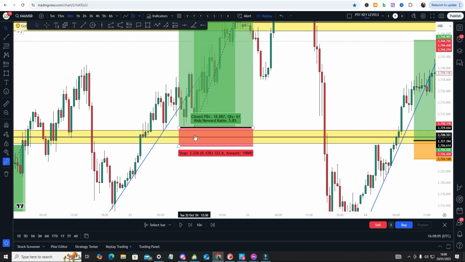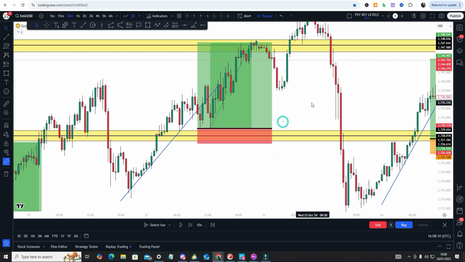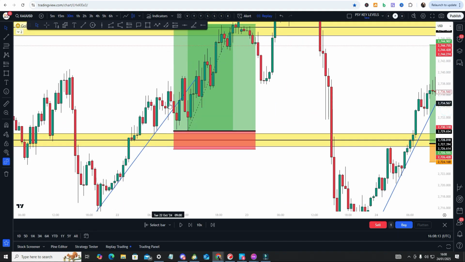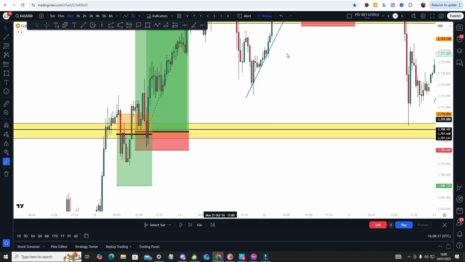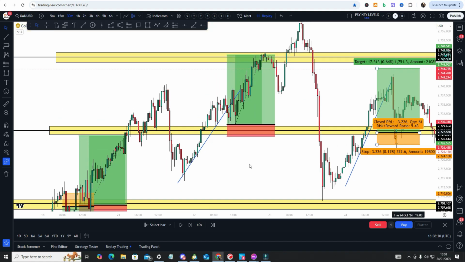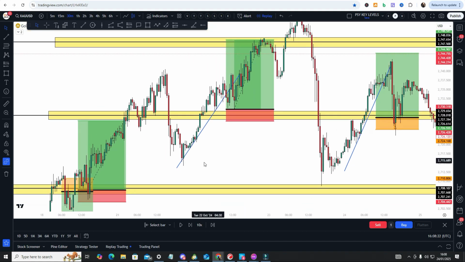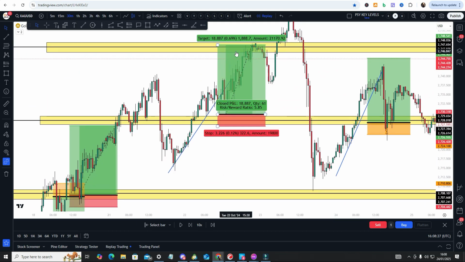Price comes back down, guys. Now we're going to look for clues where and why we should enter. The reason why we should enter: obviously you've got the clean breakout, and normally you want a bullish trend in your favor as well. It just increases the chance of you winning the trade. Why? Because it's flowing with the river, and this river's flowing upwards.